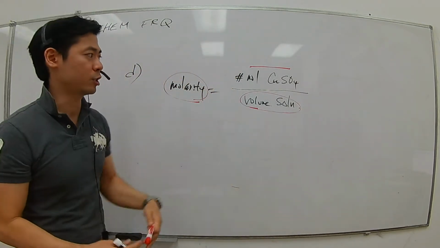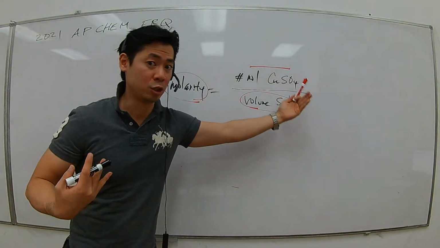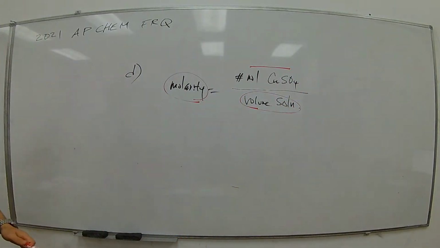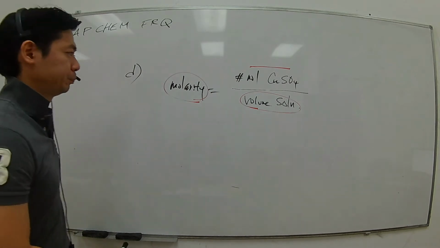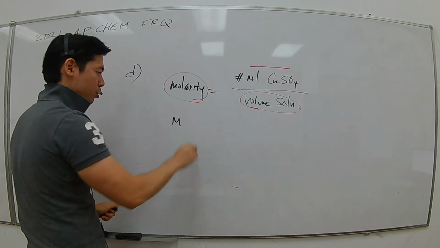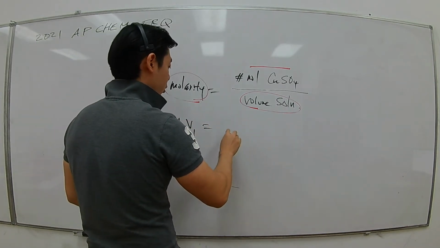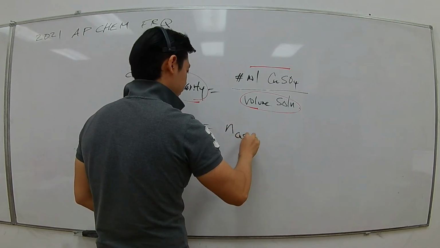So what is changing? Molarity and volume are changing, but the number of moles of copper sulfate that's initially present is not changing. So you can set up an equation: molarity times volume is equal to the number of moles of copper sulfate.